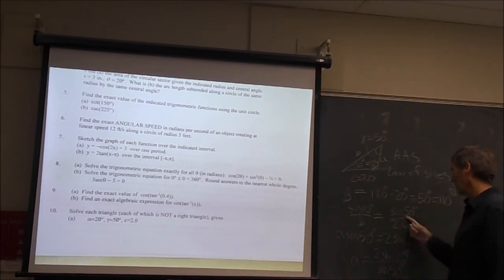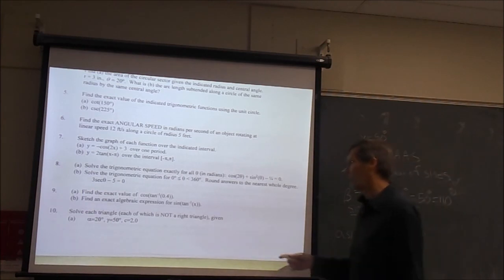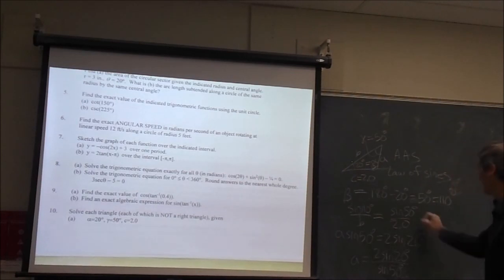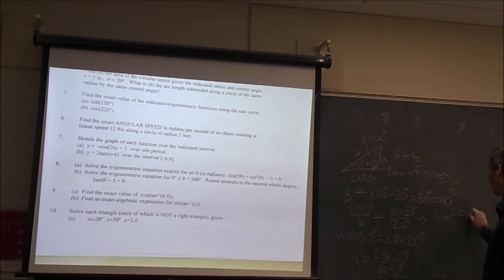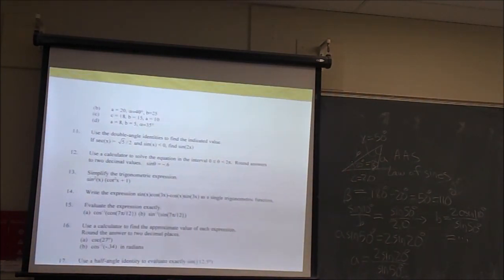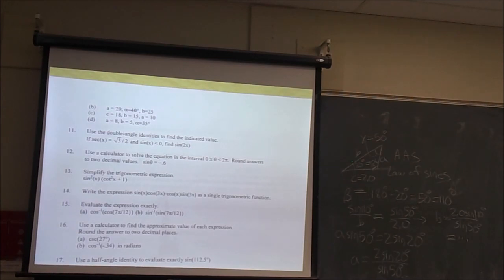Now you're supposed to round all these things to two significant digits if it doesn't say otherwise, since they're all given to two significant digits. So from algebra, B equals 2.0 sine 110 degrees all over sine 50. That gives me the last side, and I'll round it to two significant digits. There's how to solve the triangle. This is using the law of sines in the angle-angle-side case. Be able to do all the different kinds, not just the angle-angle-side case.